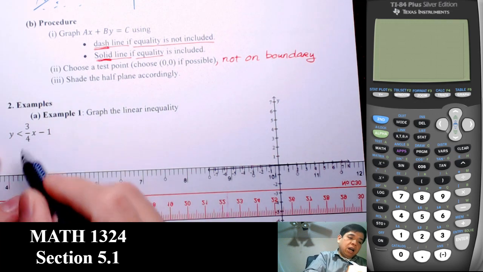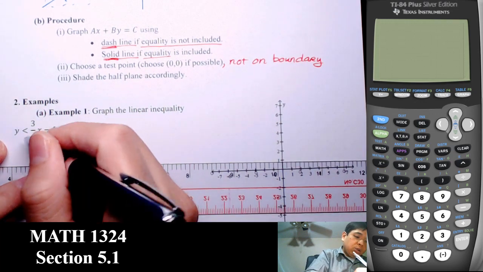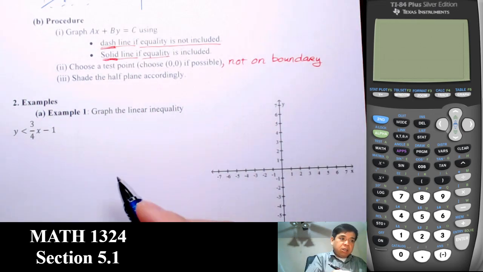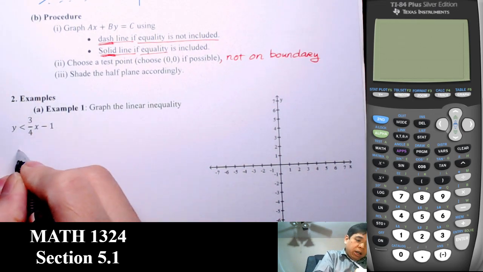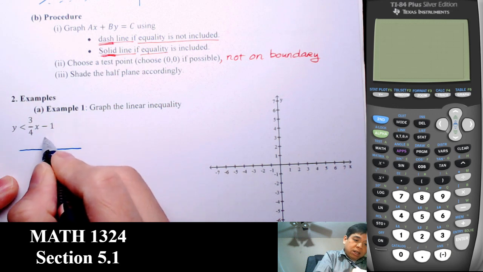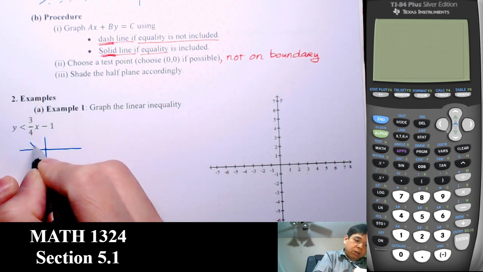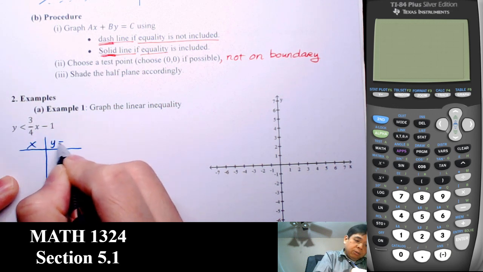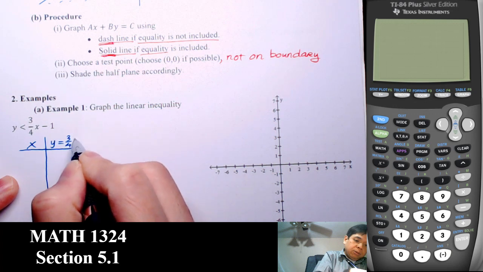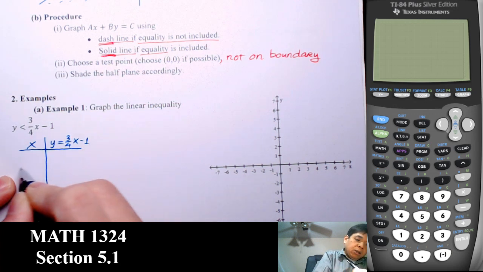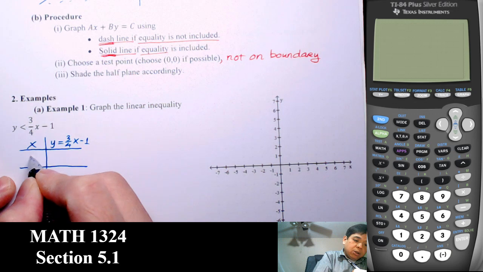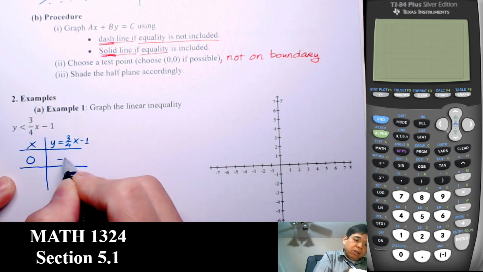Right. So let's say we graph this. First we'll just pick some value for x and then solve for y. First we assume that it's just equal. If we choose x equal to 0, we have y equal to -1.